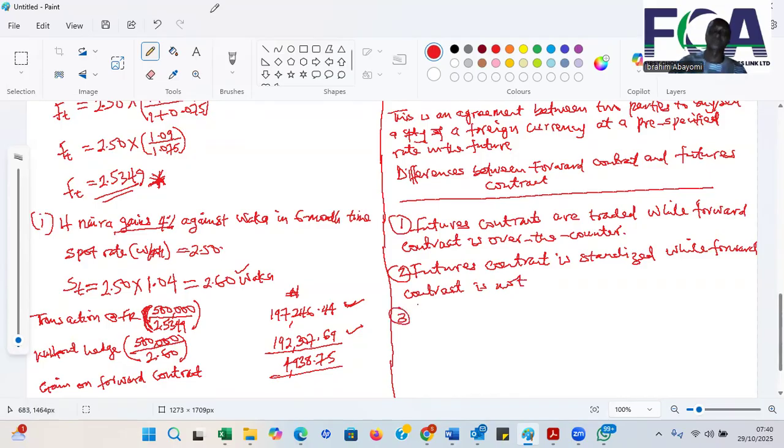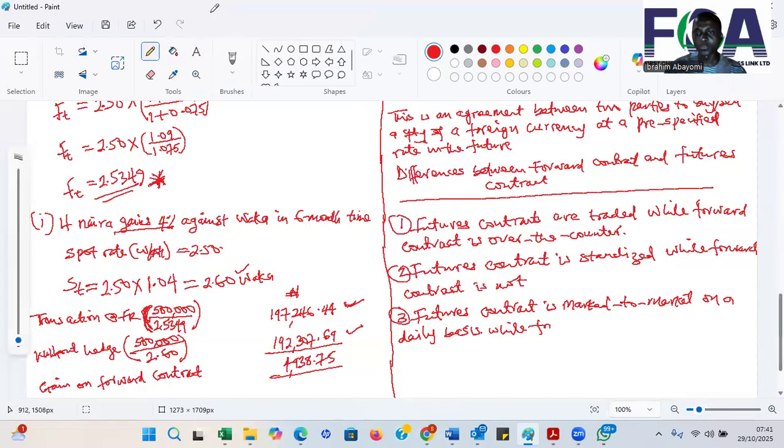Number three, futures contract is marked to market on a daily basis, while forward contract is not.